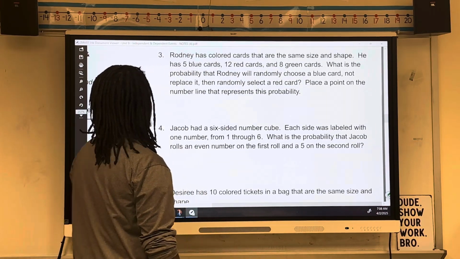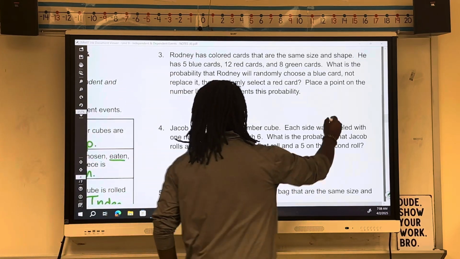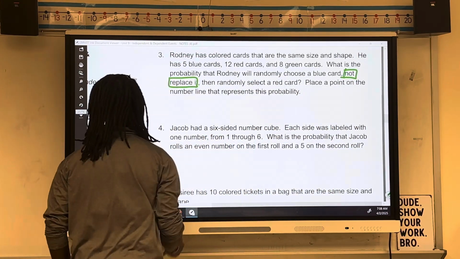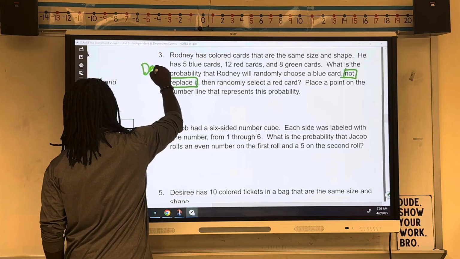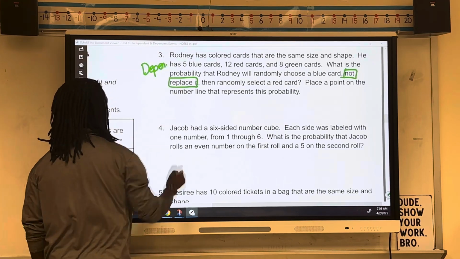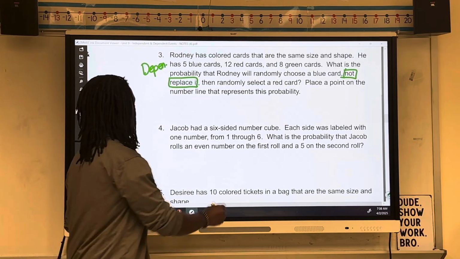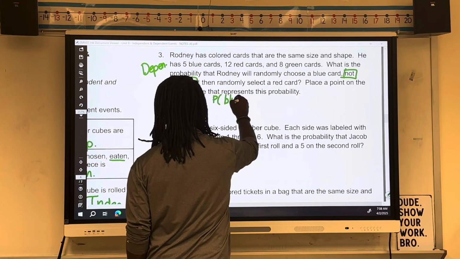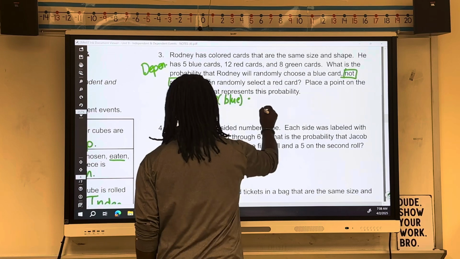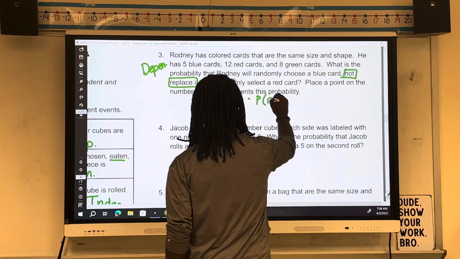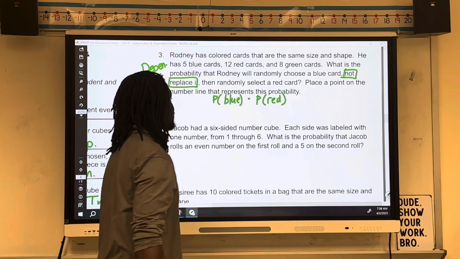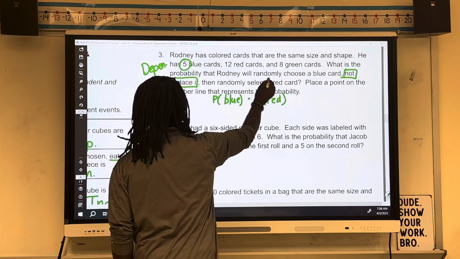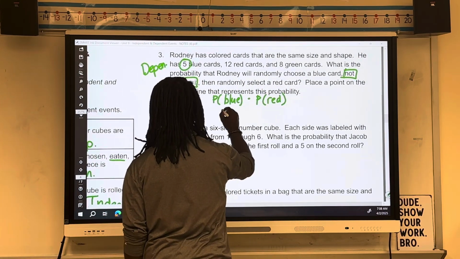All right. Again, hopefully you've read this. Okay. Again, not replacing it. Therefore, it is a dependent event. All right, and then what's the probability that we are getting a blue? And then the probability of getting a red after not replacing it. Okay, so I have 5 blue out of 25.